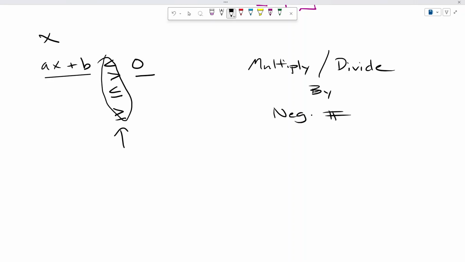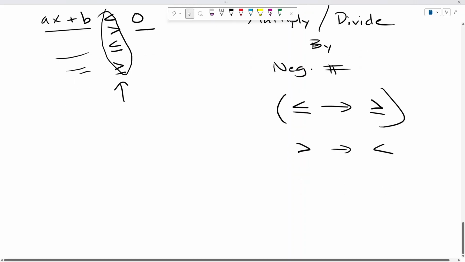So if you multiply or divide by a negative number, then you switch your sign around. So if we had less than or equal to, we would then have to change that to a greater than or equal to. Or if we had a greater than, that would be switched to a less than. All right? So a very key point to not forget, if we multiply or divide by a negative number, the inequality symbol is reversed. So the key for solving a linear inequality like this, in this form, is simply to isolate the variable on one side of the inequality sign.